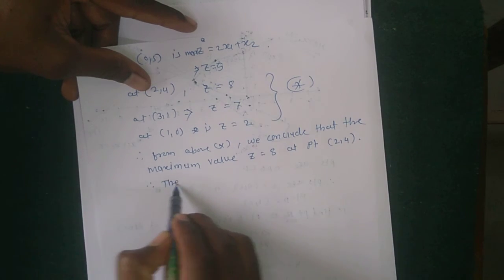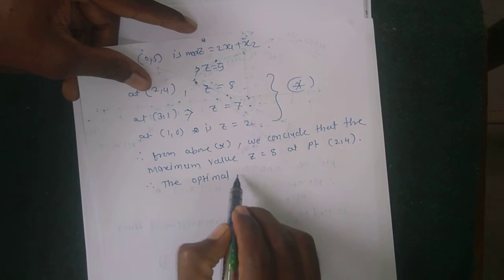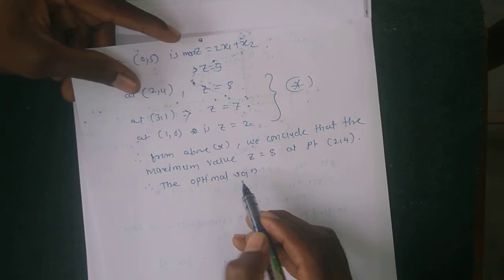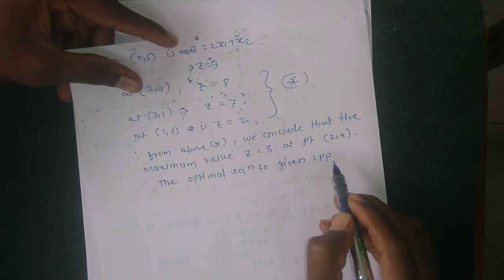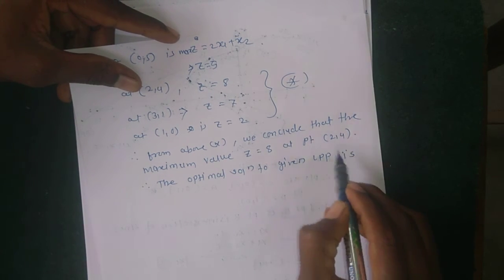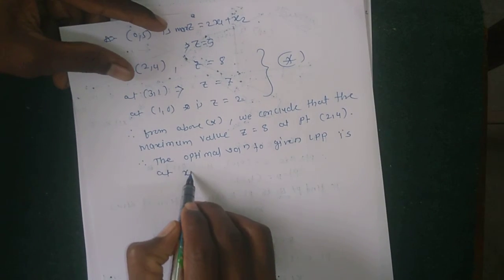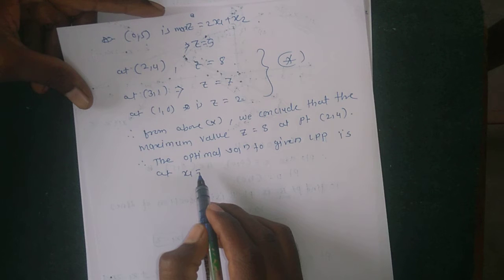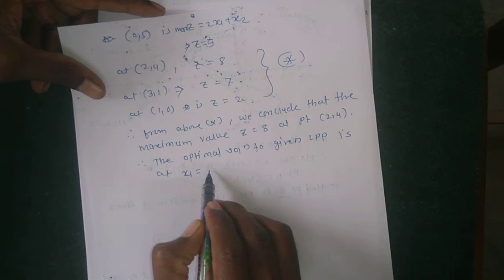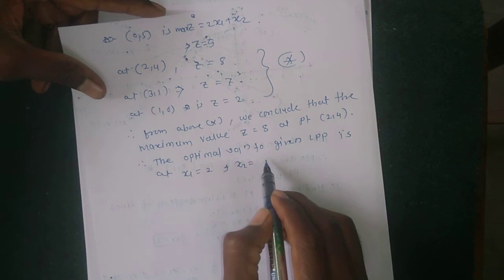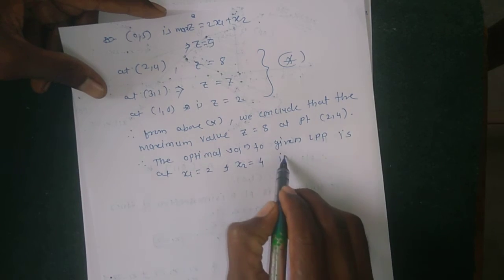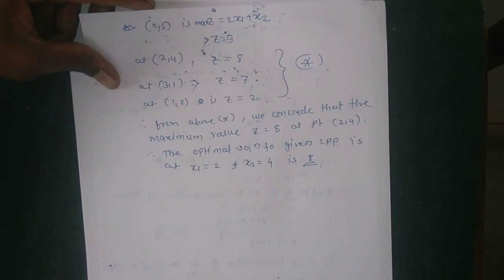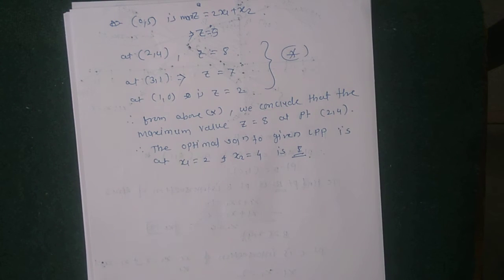Therefore the optimal solution to the given LP problem is at x1 is equal to 2 and x2 is equal to 4, and the value is 8. This is our optimal solution, and that is how we find it using the graphical method.